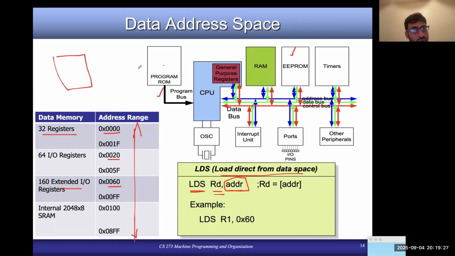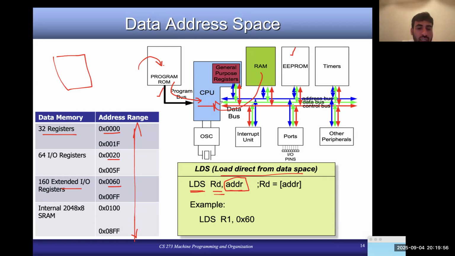You put your program here, and when you burn your program using Arduino IDE, the binary code of the program goes here, and then the CPU reads the instructions from here one by one and executes them, right? But if it reads an instruction which says load the data from code memory into the register, this is not allowed. You can only load data from the data memory into a register.